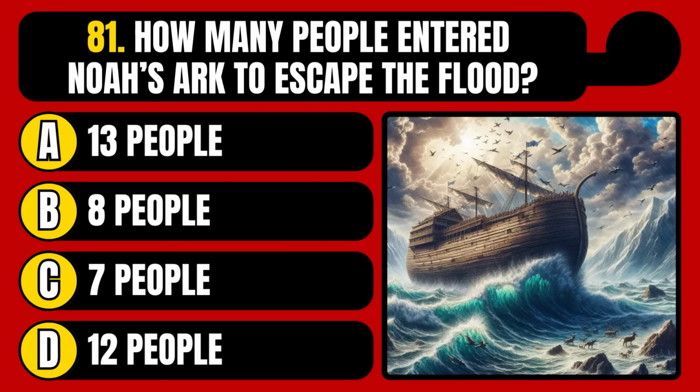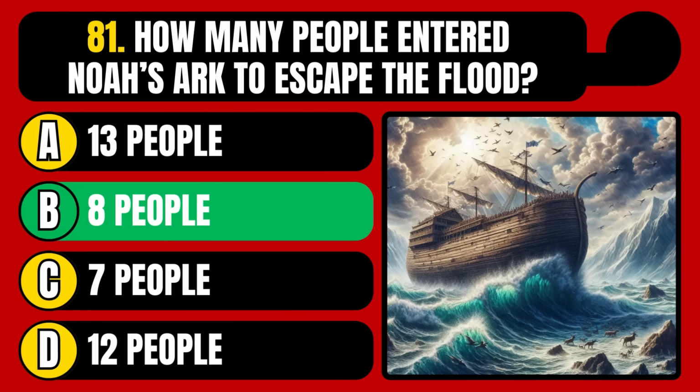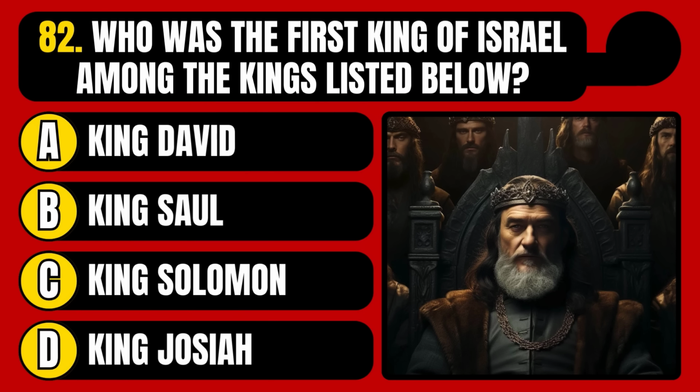How many people entered Noah's Ark to escape the flood? 13 people, 8 people, 7 people, or 12 people? The correct answer is option B, 8 people. Who was the first king of Israel among the kings listed below? King David, King Saul, King Solomon, or King Josiah?